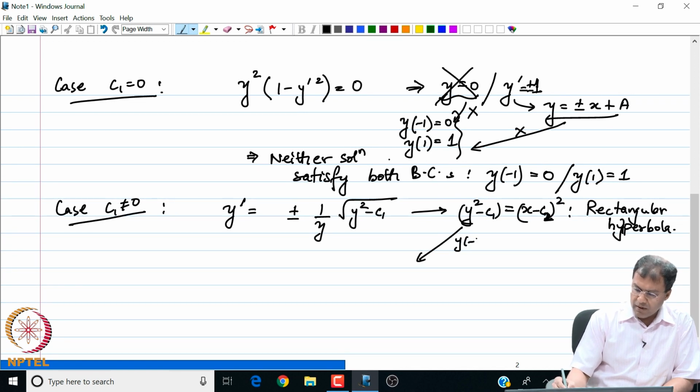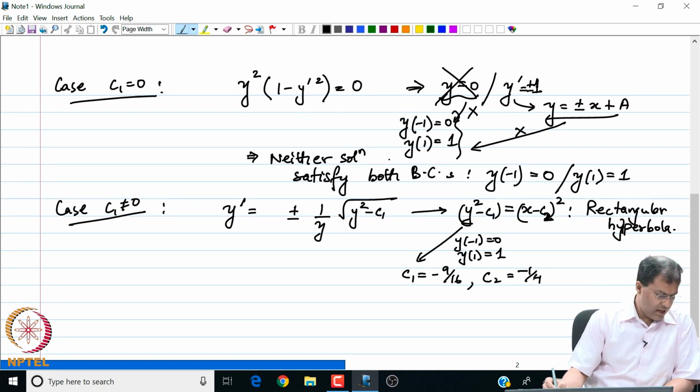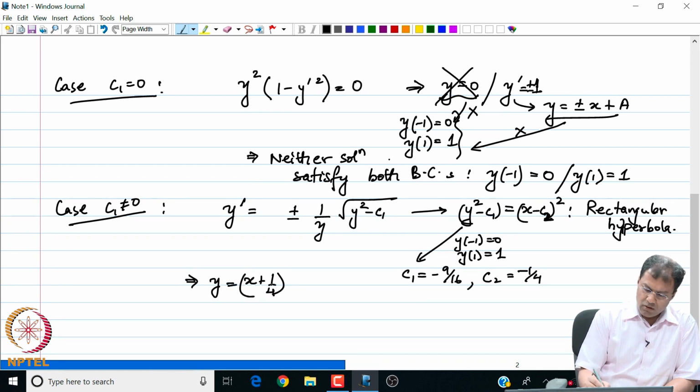If we plug in y of minus 1 equal to 0 and y of 1 equal to 1, I immediately get the constants C1 to be minus 9 by 16 and C2 to be minus 1 by 4, right. So, my equation is y is equal to x plus 1 by 4 whole square minus 9 by 16. Okay.